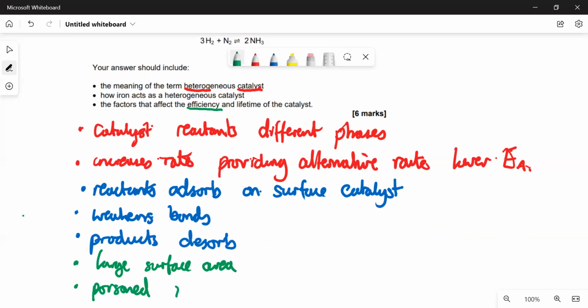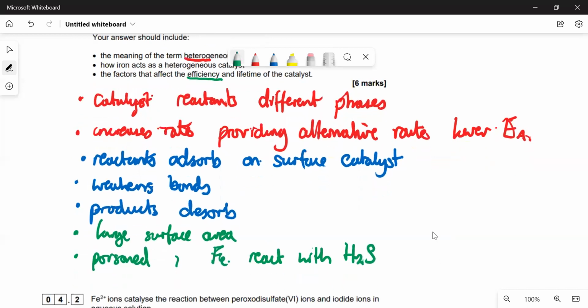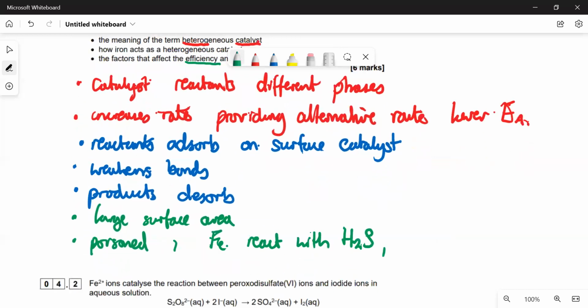In this case, the Fe will react with H2S. That's obviously going to form iron sulfide on the surface, and that means that the iron itself is not available for the reactants and products to bind to.